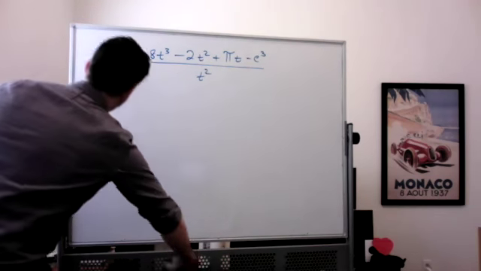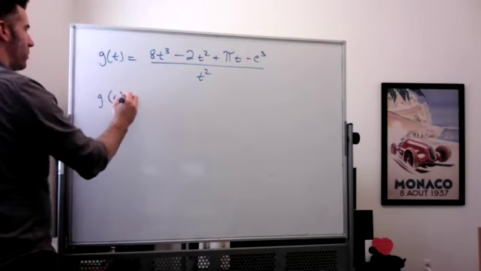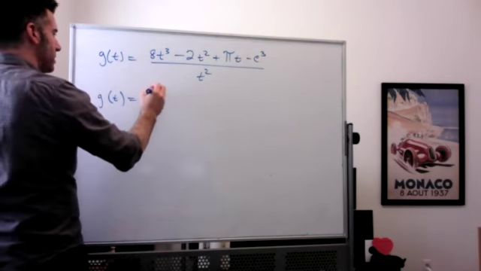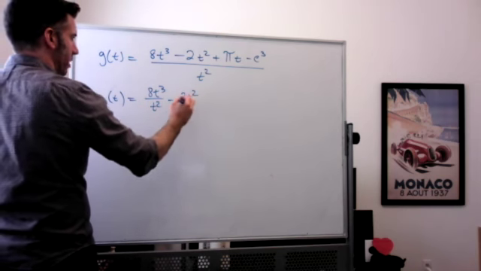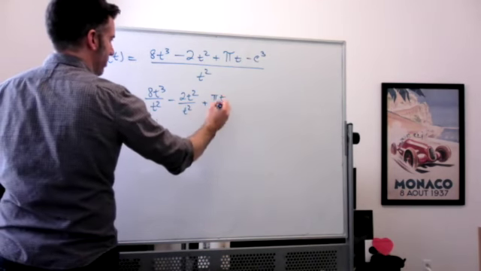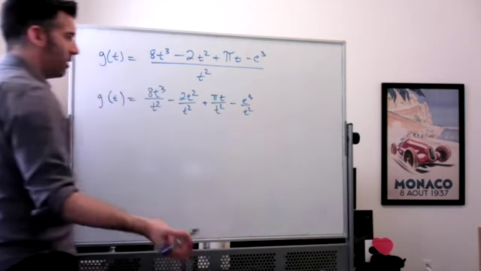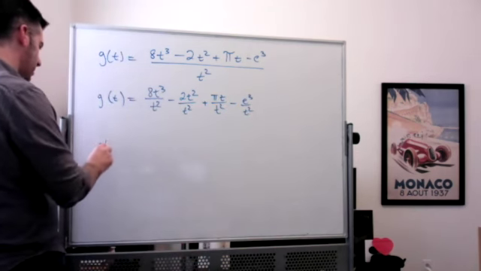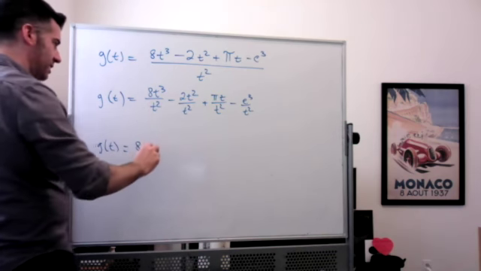Oops, I'm not taking g prime of t, I'm just rewriting g of t. I want to rewrite this as 8t cubed divided by t squared minus 2t squared divided by t squared plus pi times t divided by t squared minus e cubed divided by t squared. And then t cubed divided by t squared is t, so I've got 8t.